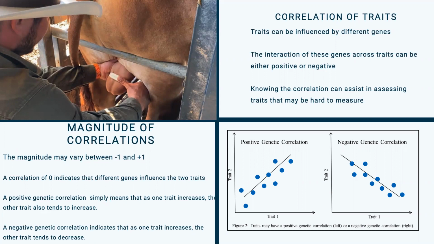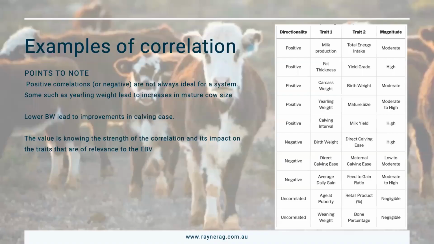I guess what we're looking to think about is, if we're selecting for a trait, what is it correlated to? And will it have an impact on something else that's going to be important within our breeding program? So if you have a think about some examples of correlation, we'll take, I guess, a positive correlation in terms of milk production.